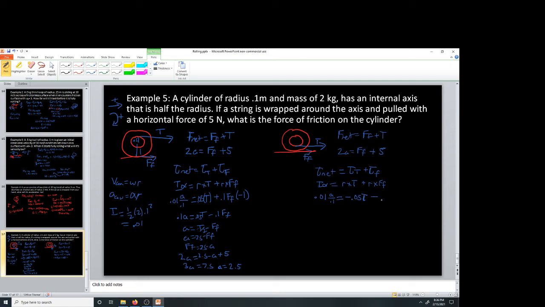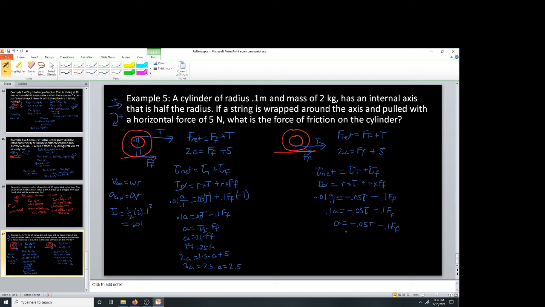minus 0.1 force of friction. Multiply both sides by, so this is 0.1 A equals negative 0.05 t minus 0.1 force of friction. Divide that out, we get acceleration is negative 0.05 t minus 0.1 force of friction, right?